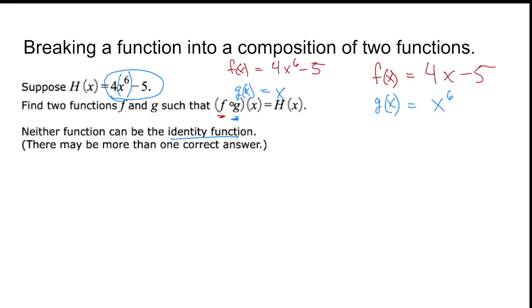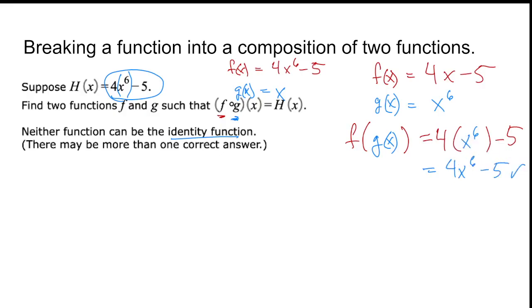And notice when you take this composite, f of g of x, we take 4x minus 5, and then we'll put the x to the 6th power in here. Now there's not much to do, but we end up with 4x to the 6th minus 5. So we end up back where that's what they're calling h of x. Okay, so that works.